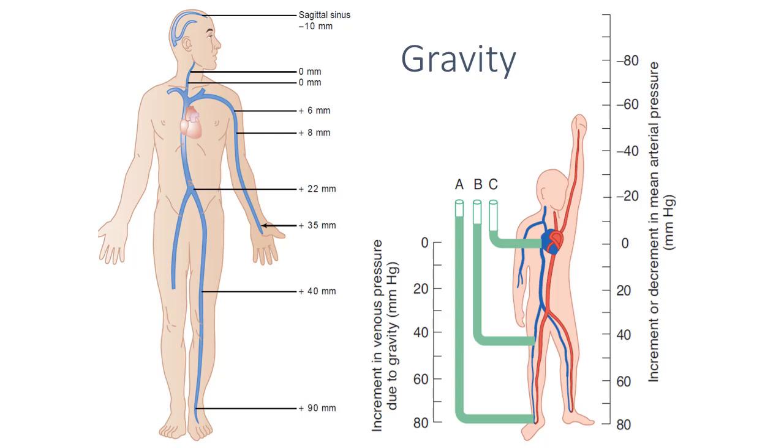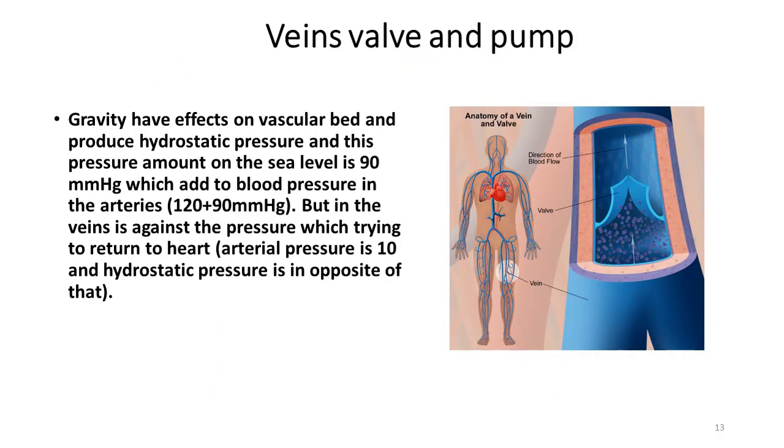So, which factors help veins to collect the blood from the feet and return it into the heart? As I said, hydrostatic pressure in the arteries is 100 or 120 plus 90 millimeters mercury, the pressure of gravity.